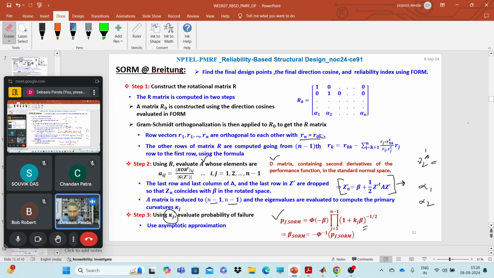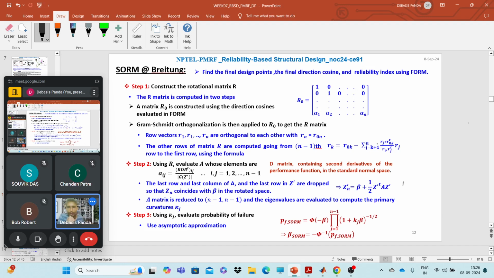First, if we need to solve the second order reliability method using the Breitung approximation, we need to have the final beta, final alphas, and final design points from the first order reliability method, because the Breitung approximation corrects the first order reliability results, incorporates the information about the principal curvature, and gives us the second order probability of failure.